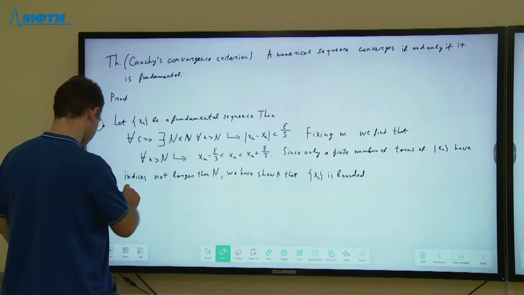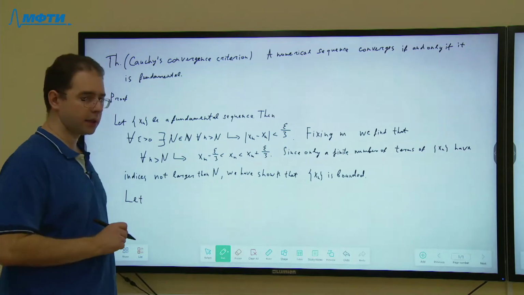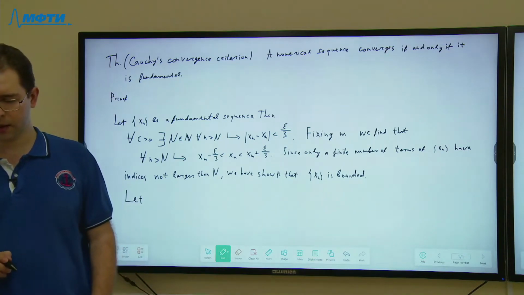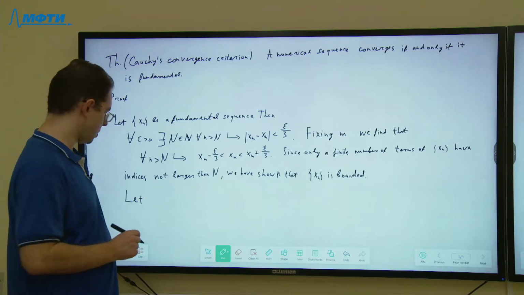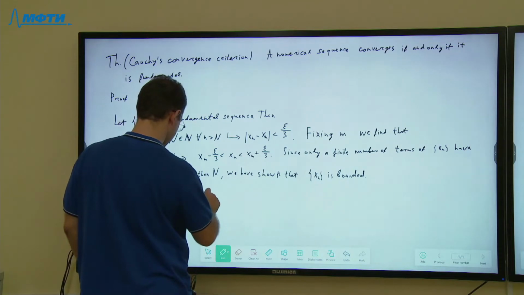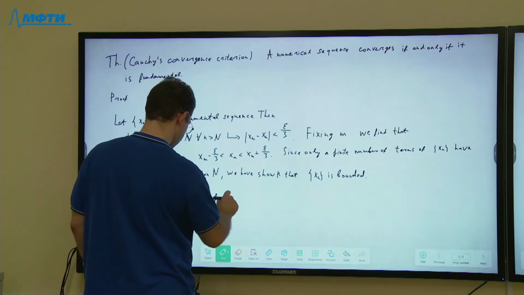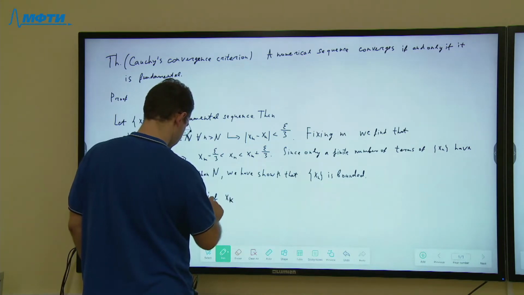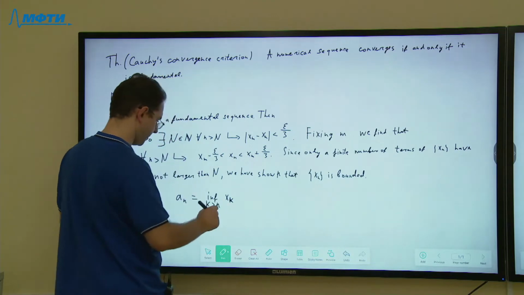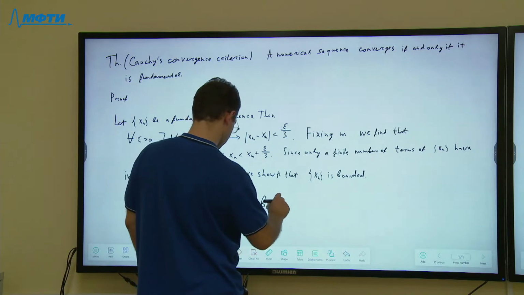Now for any n, we can set an equals an infimum of xk where k is greater or equal than n, and bn equals supremum.